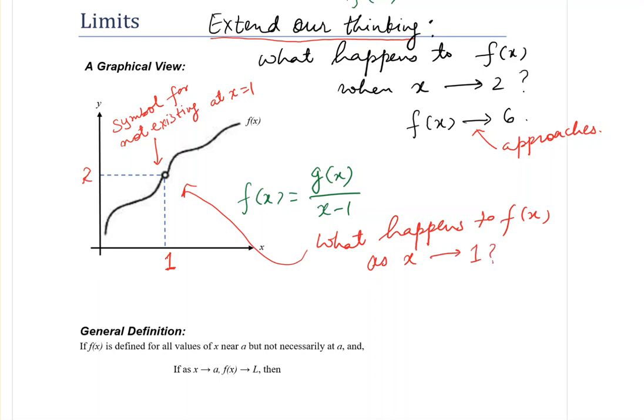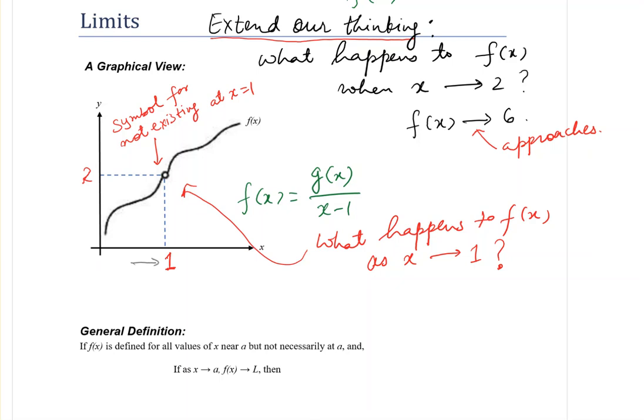If you want to think about this, take a look at the graph carefully and think about what happens to the y value when x is approaching 1. Let's take a look. You can think of x approaching 1 from the left.